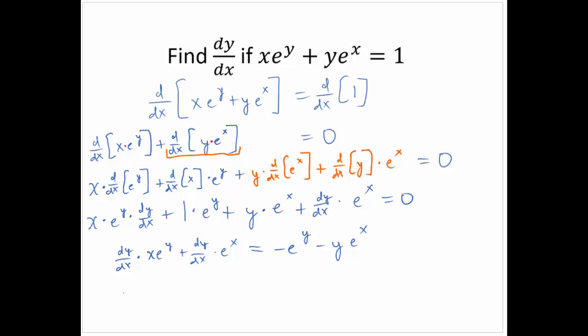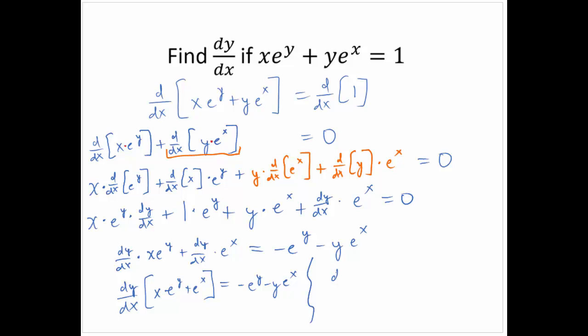Now notice that the left-hand side I can factor as dy/dx times (x e^y + e^x). And so then dividing through, that is equal to negative e^y minus y e^x.